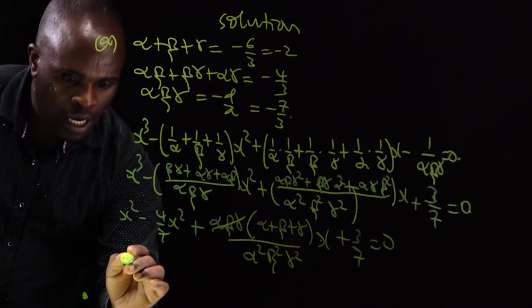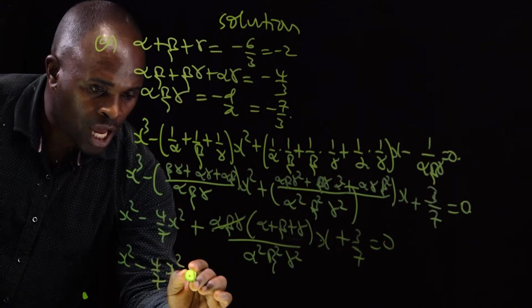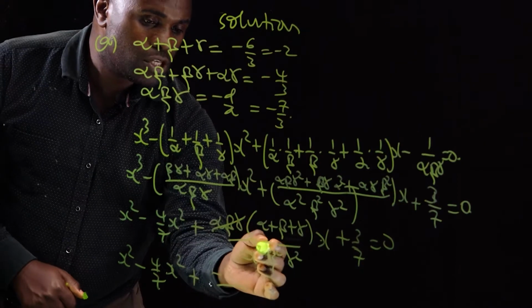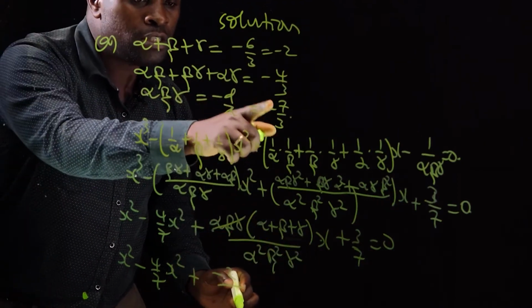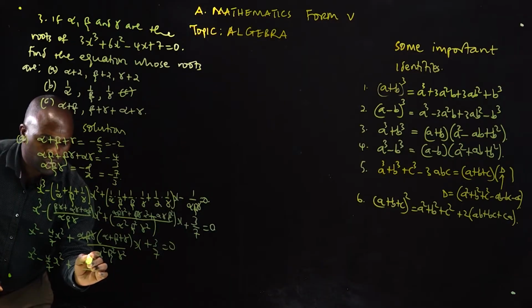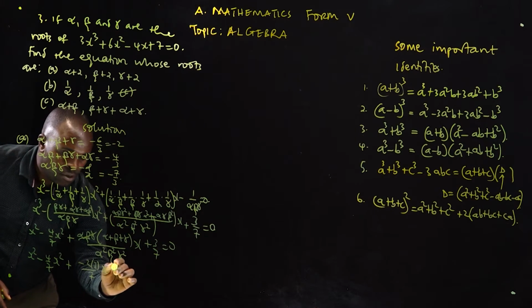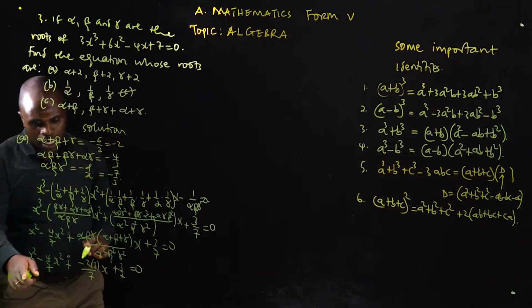So we have x cubed minus 4 over 7 x square plus, this one is negative 2. With the cancellation of these squares, we have only one product of roots. This one is 7 over 3, so 3 is going to come here and 7 here, connected with x, plus 3 over 7. So this is the desired equation.